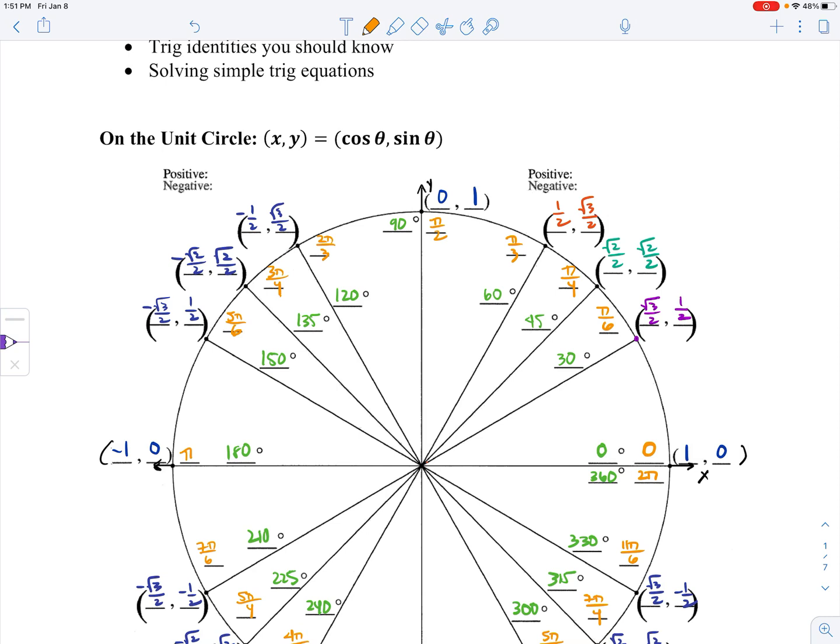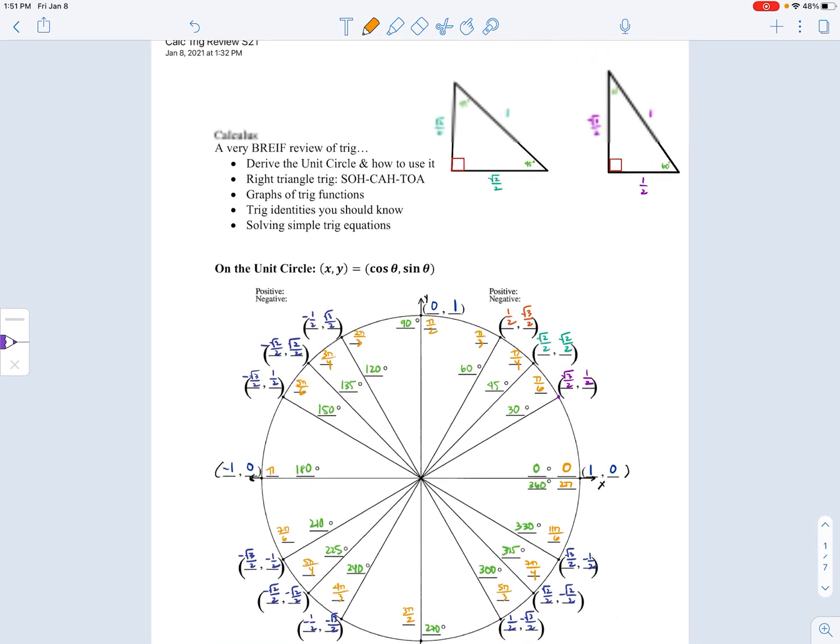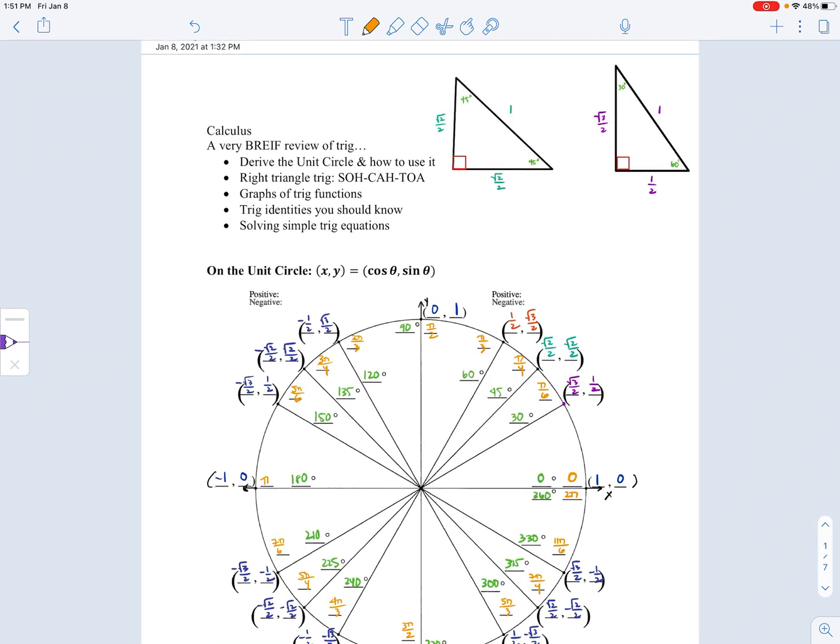You learned last year that on the unit circle, the x-coordinate corresponds to cosine of the angle, and the y-coordinate corresponds to sine of the angle. Now, it's also helpful to know that tangent, what color do I want to use? I'll just use black. So tangent is equal to sine over cosine.